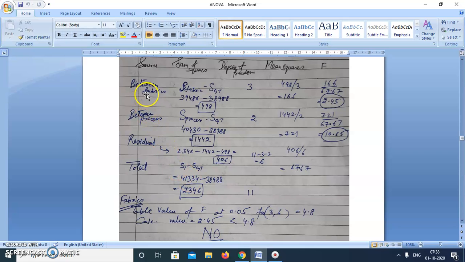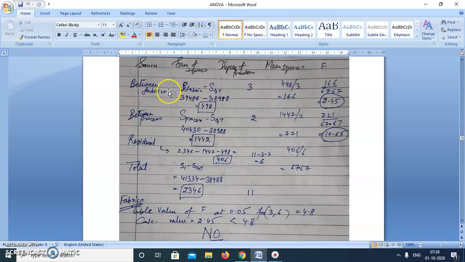Now when we are calculating between fabrics, we have to subtract S grand total from S fabric, and for process we have to subtract S grand total from S process. So we'll get these 2 values 498 and 1442. Now for residual, please subtract these 2 values from the total and you will get this residual error value.